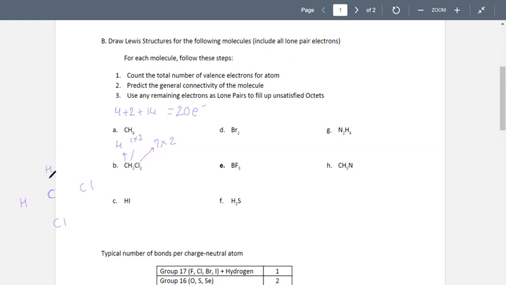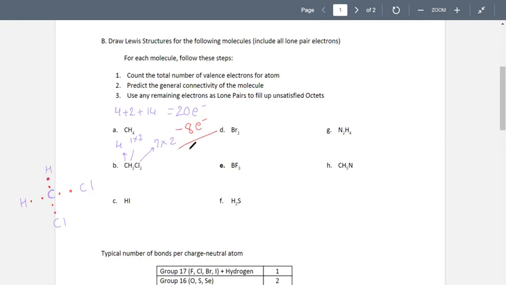Now I'm going to start with 2 electrons. Okay, now 1, 2, 3, 4, 5, 6, 7, 8 electrons are used.